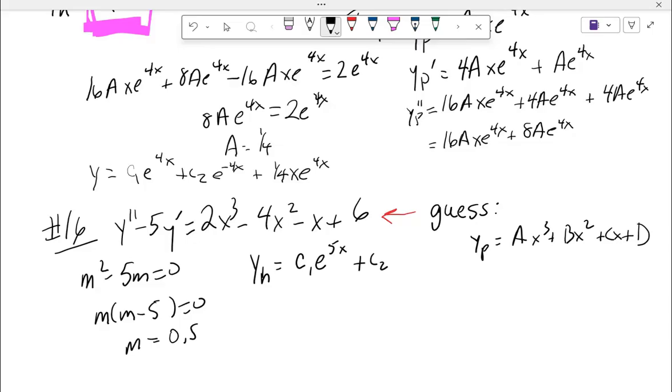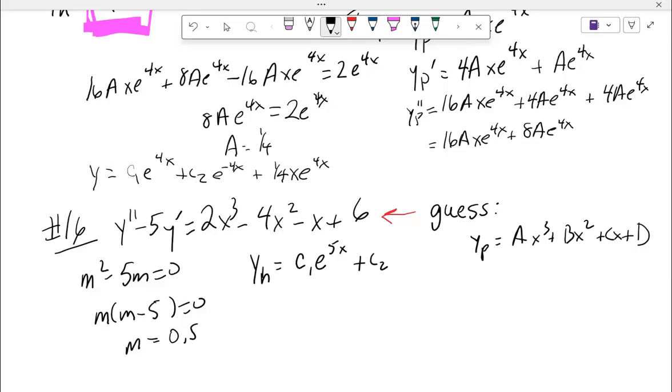So I have a cubic function on the right-hand side. So our guess would be that I probably need some sort of an arbitrary cubic function as my particular solution, right? It's a good guess. Does that work in this case, though?